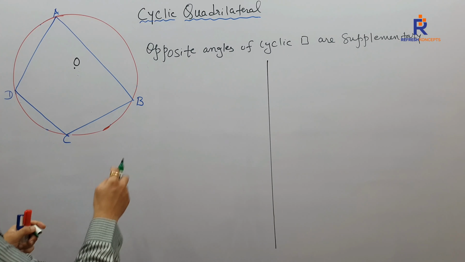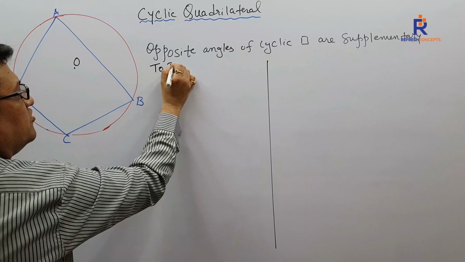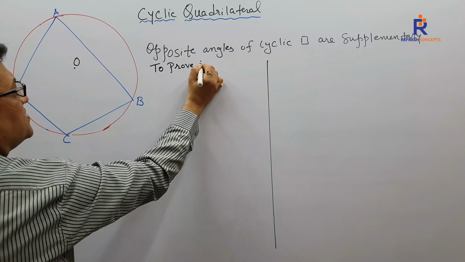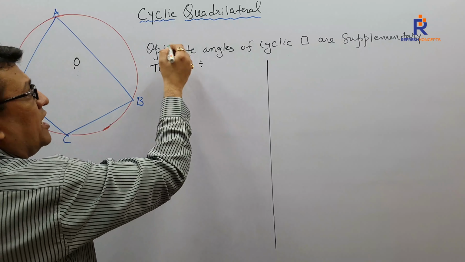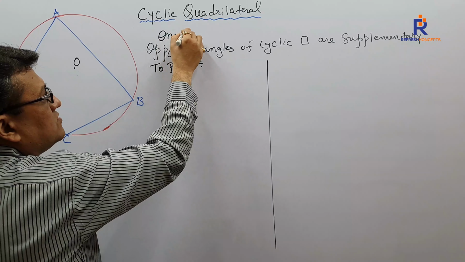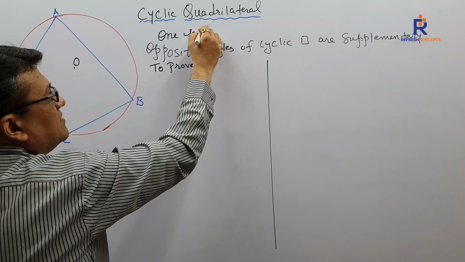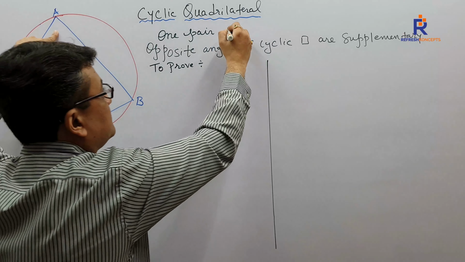So what we need to prove is that opposite angles are supplementary. Let me correct it: one pair of opposite angles, so that you can understand in a better way.